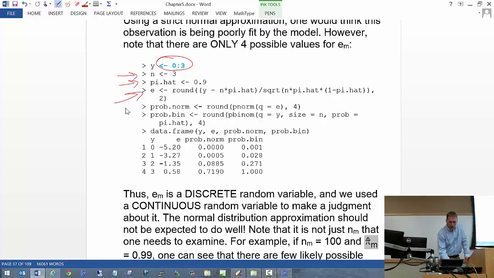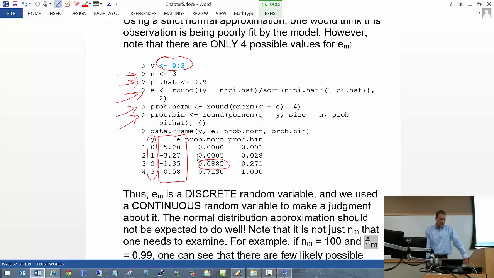I'm also going to compute the probability that a standard normal random variable is less than whatever my value of E is, and the estimated probability for a binomial distribution having a corresponding value less than y. Here are all my y values, 0, 1, 2, and 3, and here are the corresponding E values. Using a normal distribution approximation, the probability of being less than negative 1.35 is 0.0885.